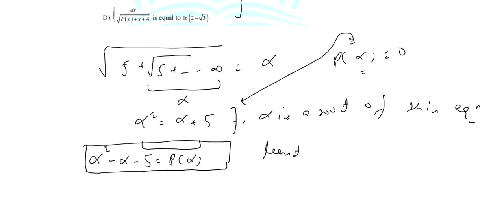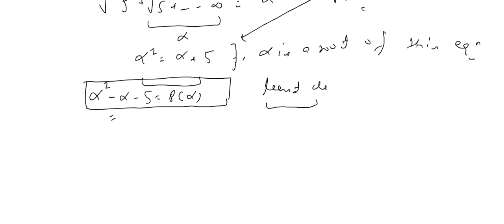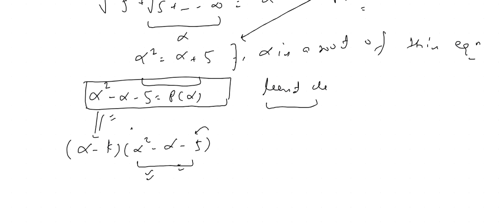So when we have the least degree, let's imagine it has been said it is a degree 3 polynomial, right? So we can multiply a linear factor, that is alpha minus k, with alpha square minus alpha minus 5, right? But for the minimization of the degree, we should restrict our expression to this term only, because this term effectively has a root alpha, and we can't break it further, right?